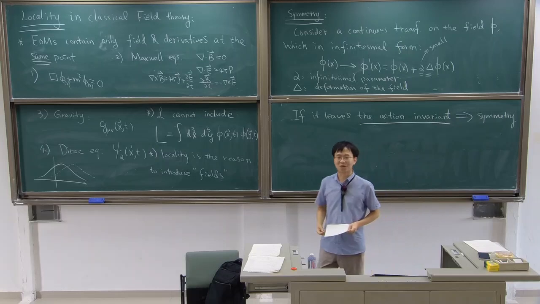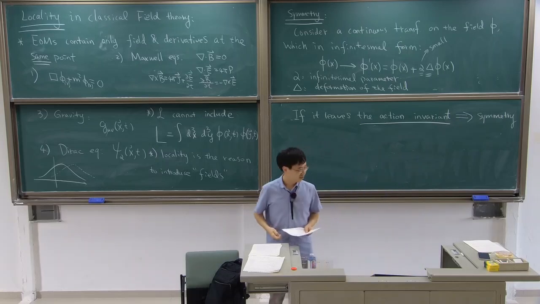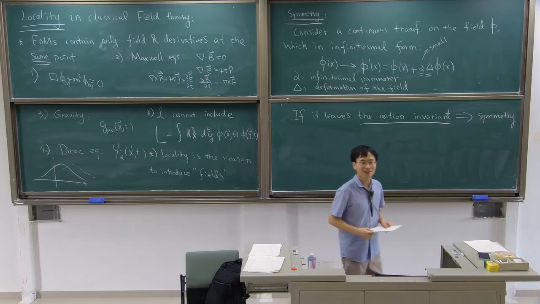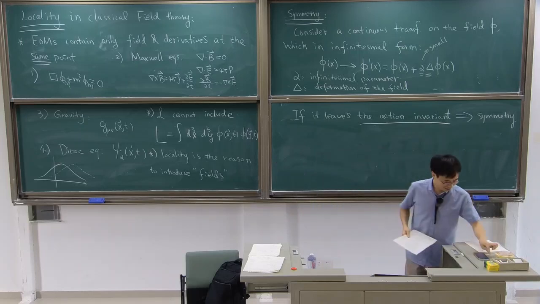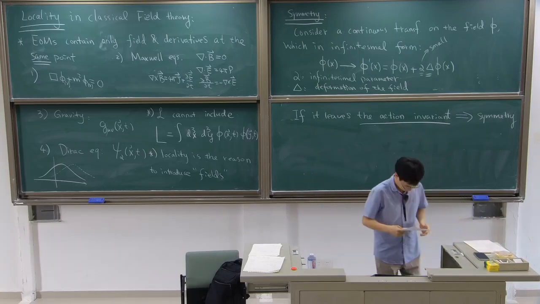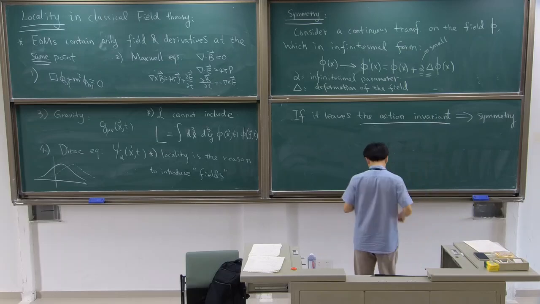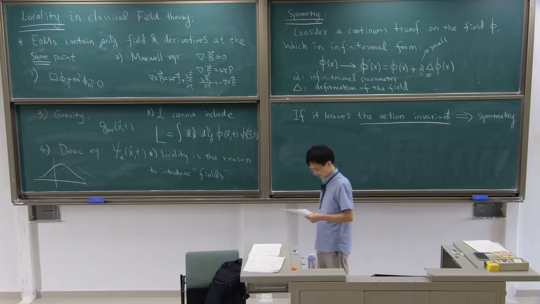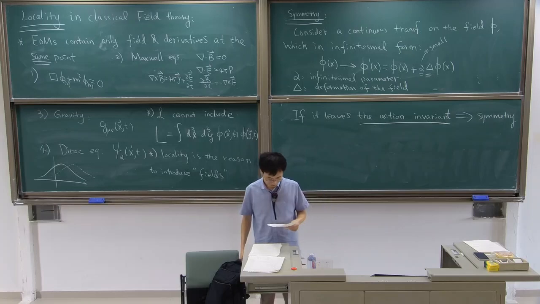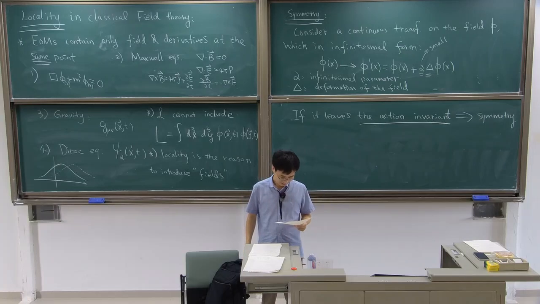So what is the consequence if the action is invariant? What is the big deal if I find that my action is invariant? I think this is a better place to have a break.